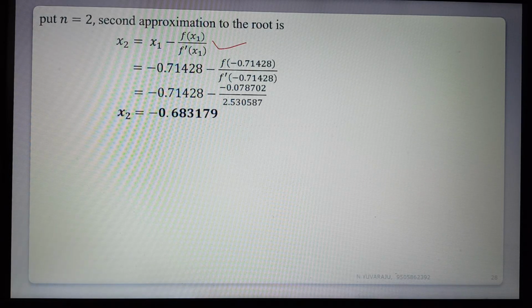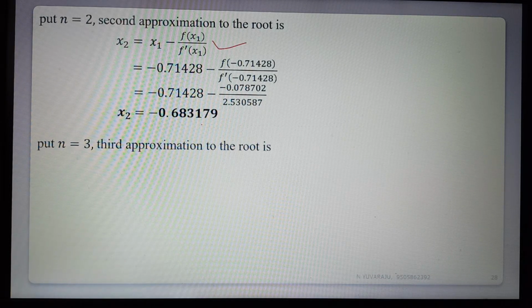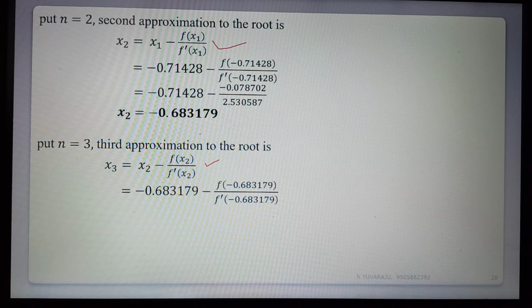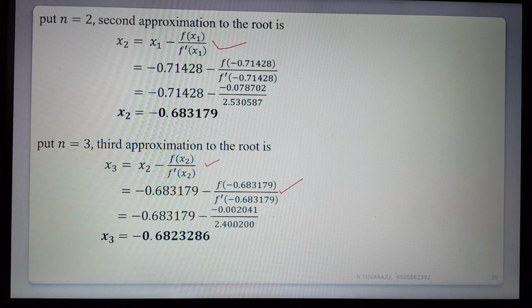After simplification, x2 is equal to minus 0.683179. Third approximation: x3 is equal to x2 minus f of x2 by f dash of x2. After simplification, x3 is equal to minus 0.6823286.